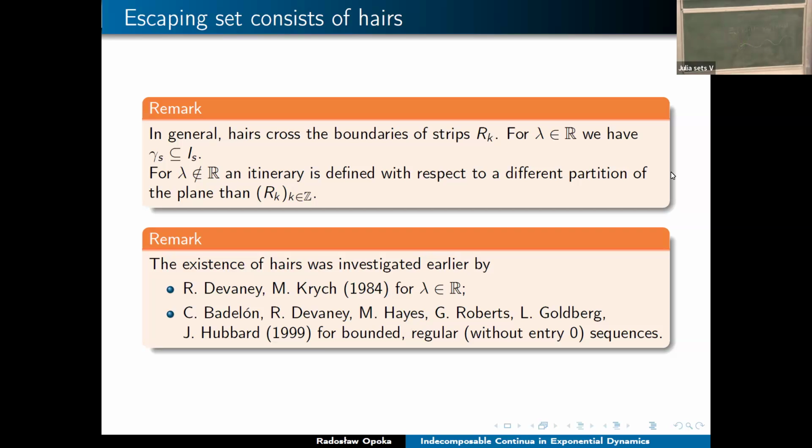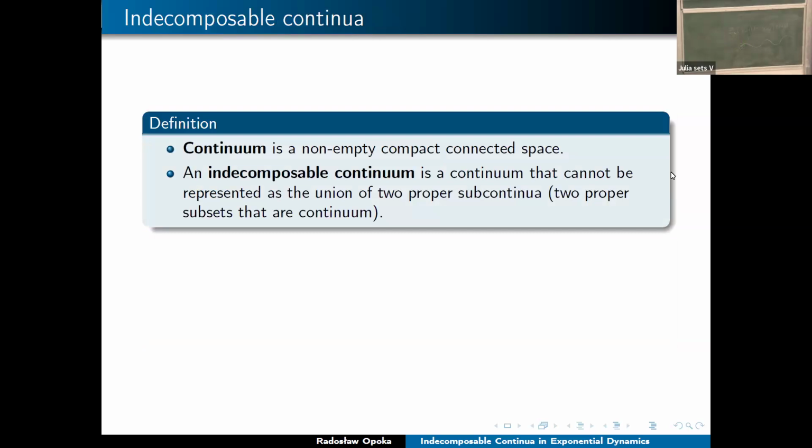And now I want to present five theorems about indecomposable continua in exponential dynamics. But before that, I want to say what a continuum is. A continuum is just a non-empty compact connected space, and an indecomposable continuum is a continuum which cannot be written as the sum of two proper subcontinua.